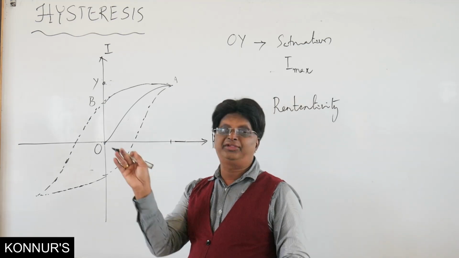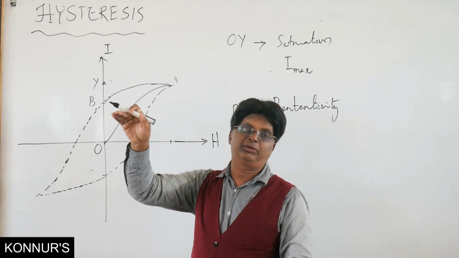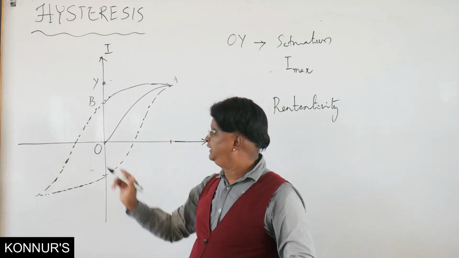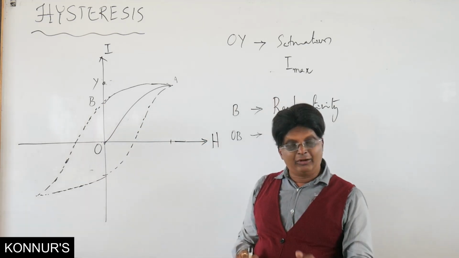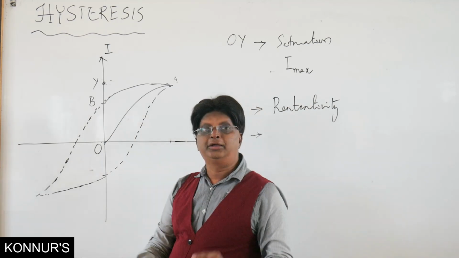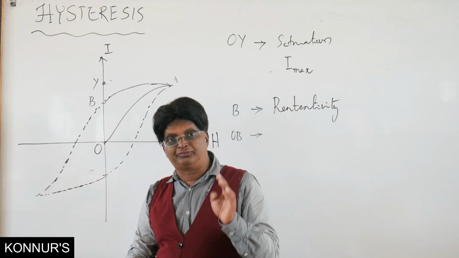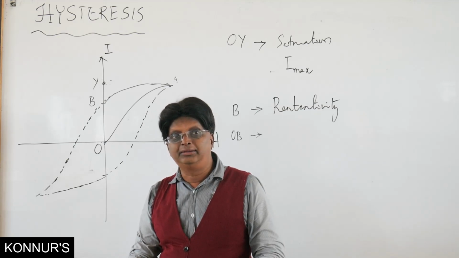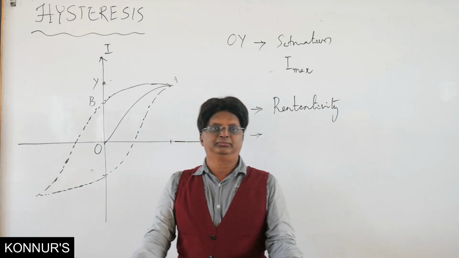Now H started increasing from 0 to some maximum value, and then we decreased H, and we saw I not equal to 0 even for H equal to 0. If I want to decrease the value of I further, what is to be done? The same H is used but in the reverse direction.